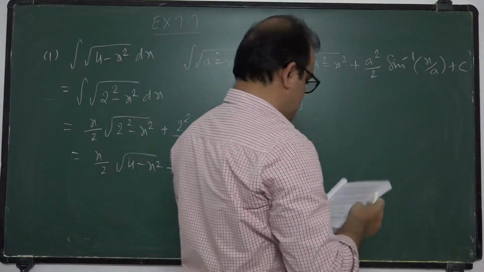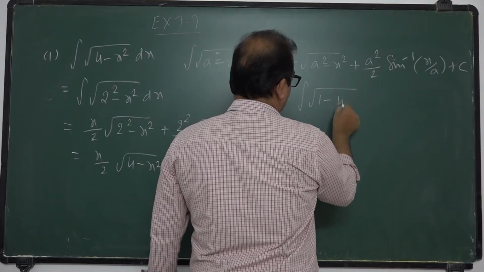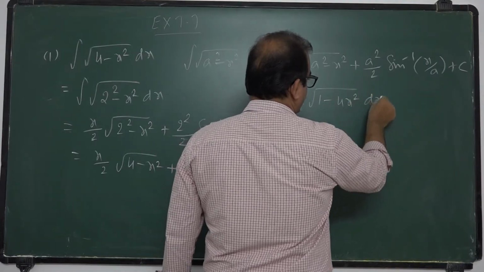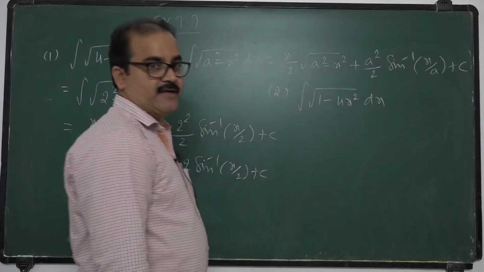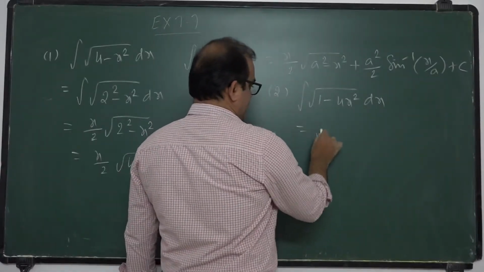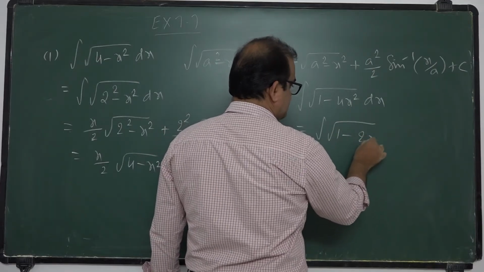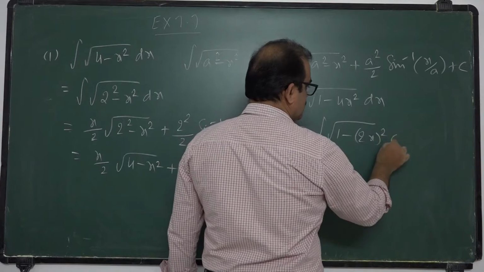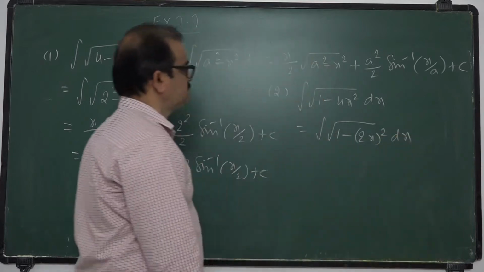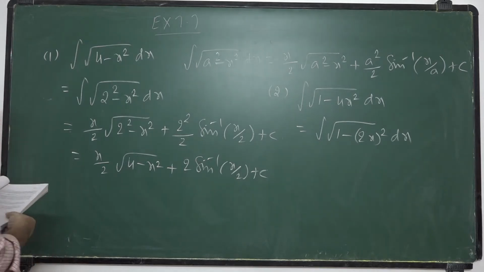Next, integral of root of 1 minus 4x square into dx. Write it as integral of root of 1 minus 4x square, where 4x square is taken as 2x whole square.